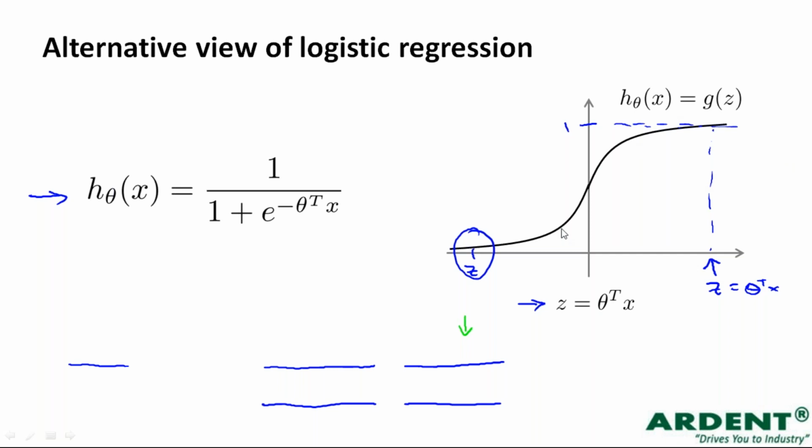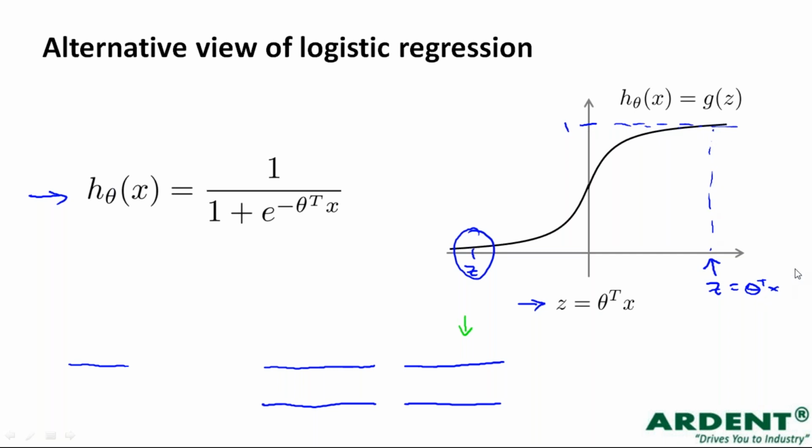It's something like this, a sigmoid. This was the formulation: 1 upon 1 plus e to the power minus theta transpose x. And what is theta transpose x? It is z. See, z equal to theta transpose x. This distance, the value is between 0 and 1.